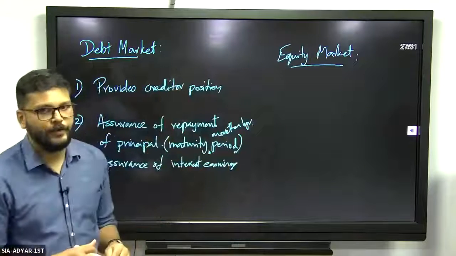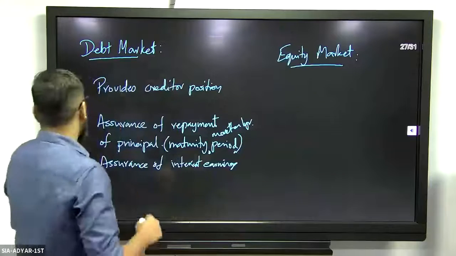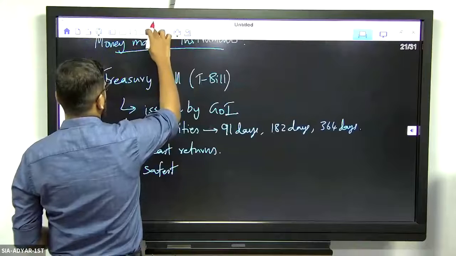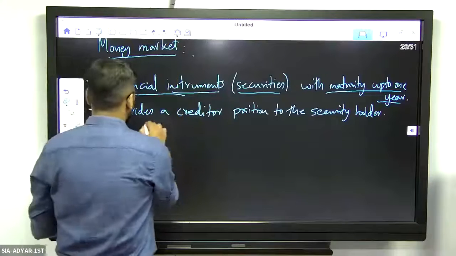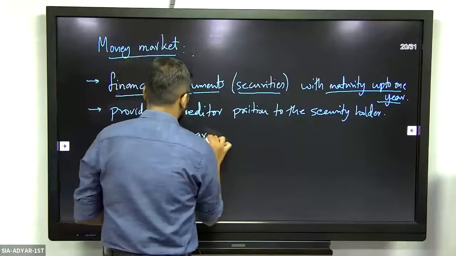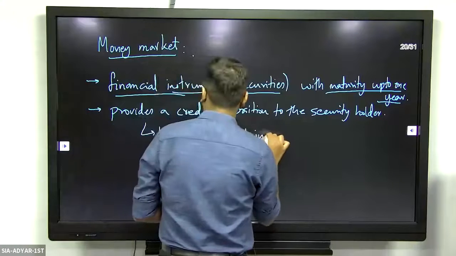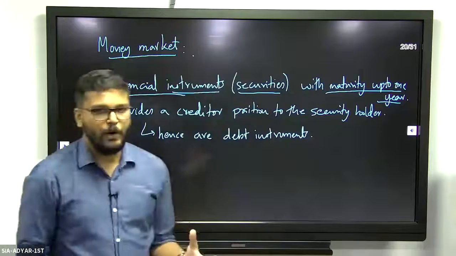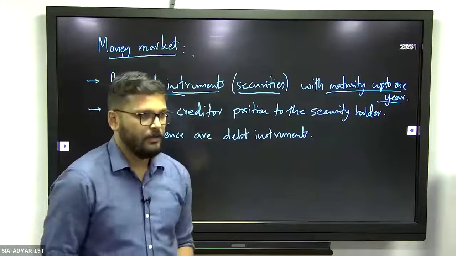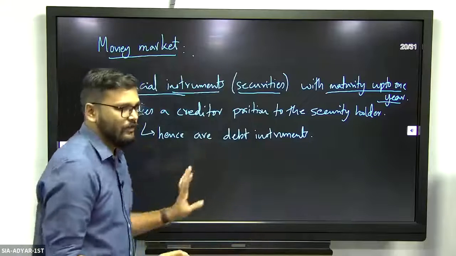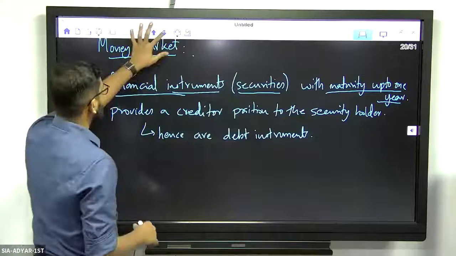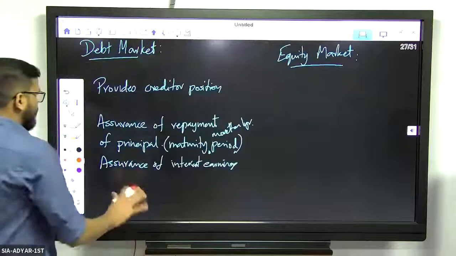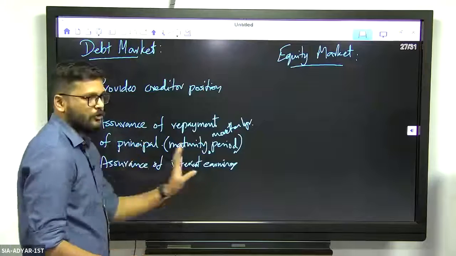Maybe you can add a word saying that these are also debt instruments. What is the point about debt instruments? There is assurance of repayment, and there is some interest or yield associated with it. So there is assurance of repayment of principal and assurance of interest earning.